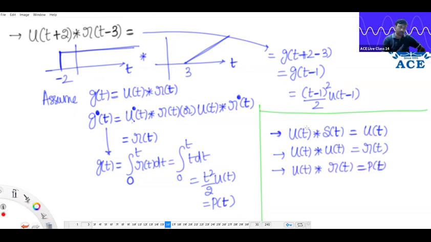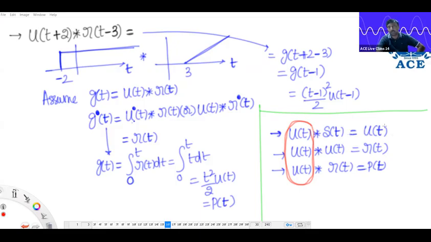In all the problems I explained, I kept one signal fixed, that is the step function. Only the other signals I have modified.